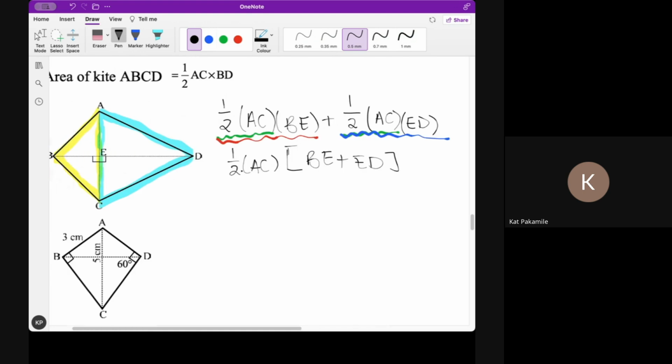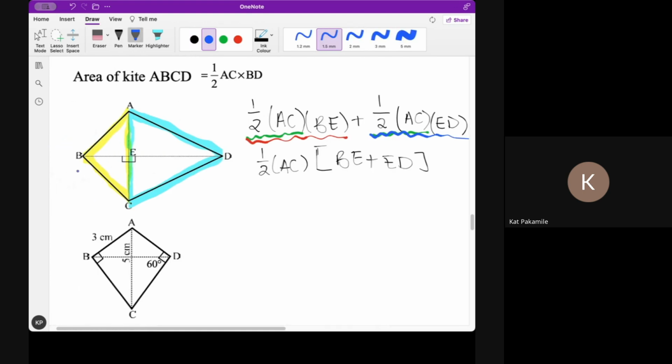But do you agree that BE plus ED is just what? BE plus ED is just the whole BD. So that's how we get to our formula of half AC times BD.